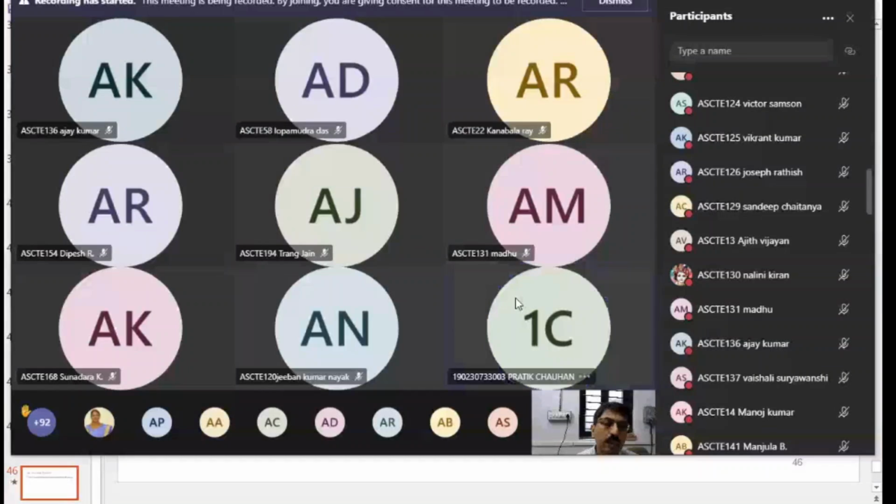Or you can define the number of iterations like 10,000 or 50,000 or 1 lakh. After 50,000 you can stop the iterations, and you should obtain the answer within 50,000 iterations.